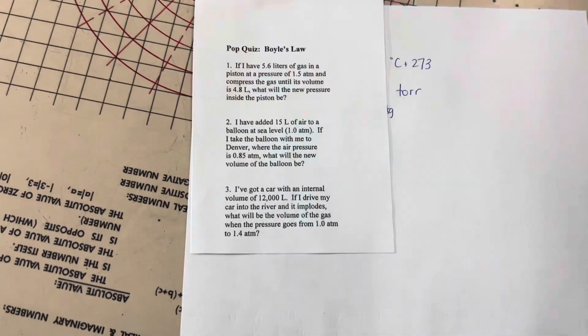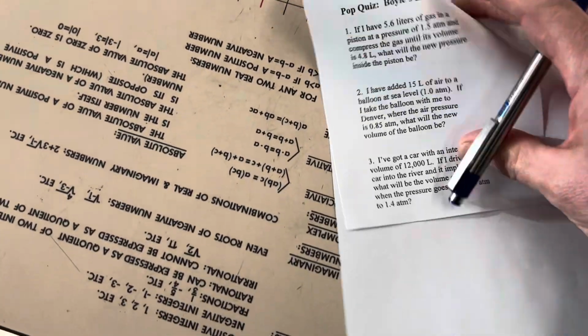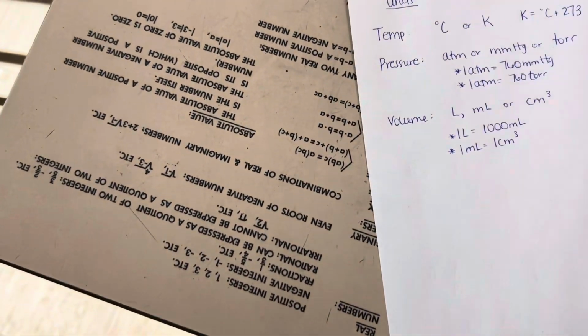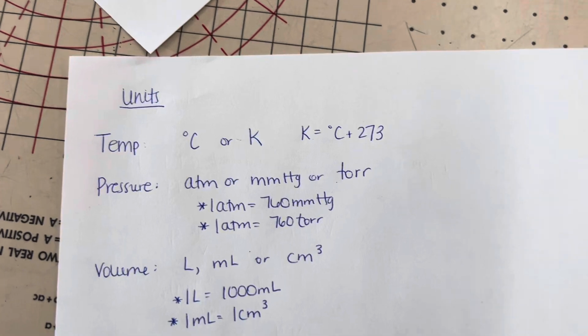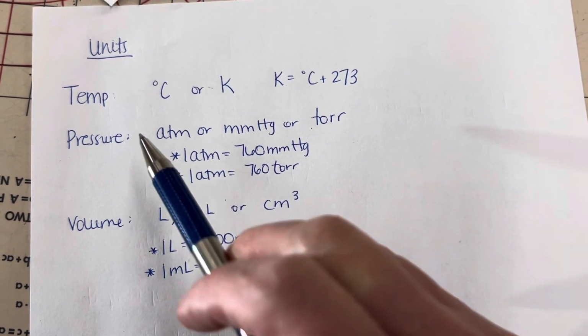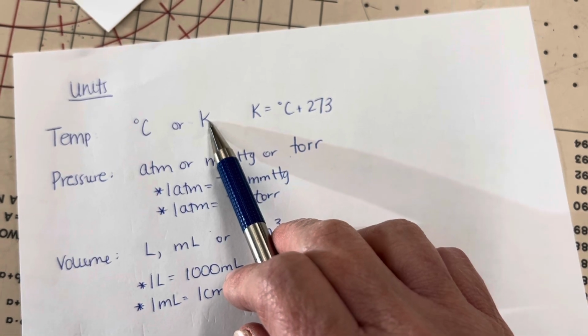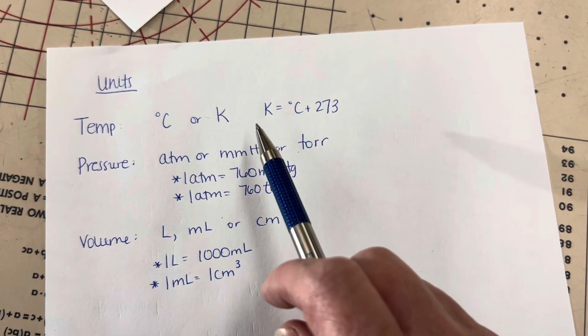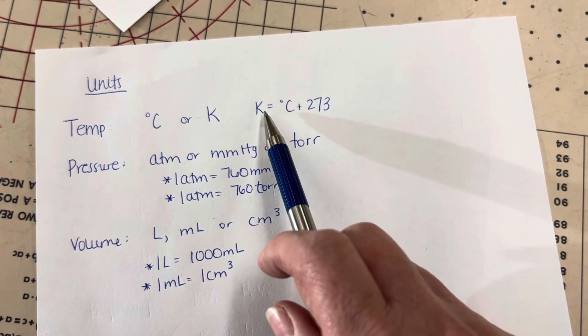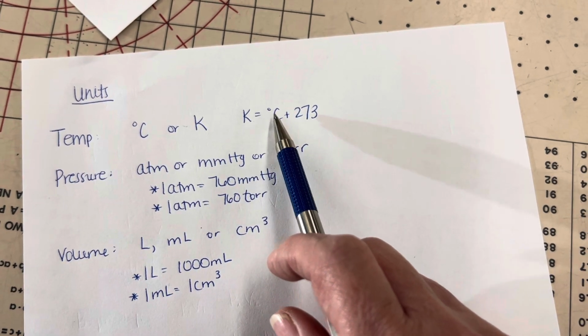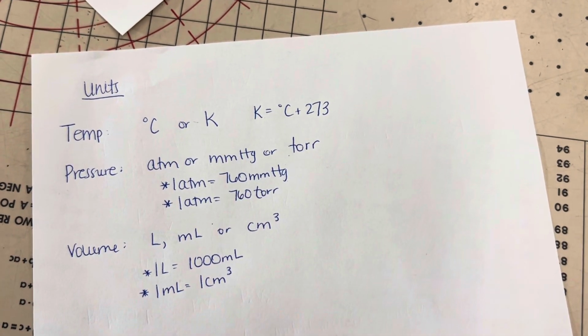Now, what I would like to do is just talk about some units here for just a second. Temperature, remember, is going to be in degrees Celsius or Kelvin. We will want to convert our problems into kelvins. So Kelvin is equal to the degrees Celsius plus 273.